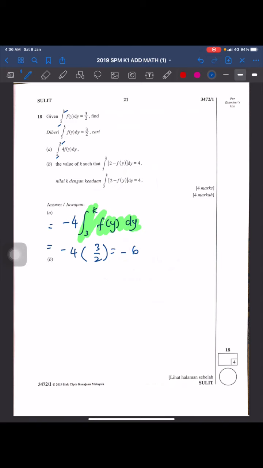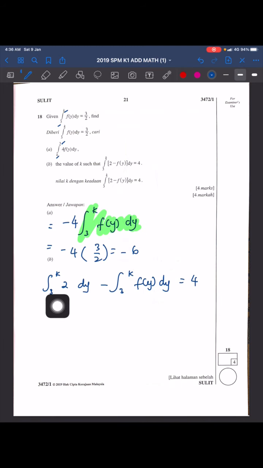Okay, next B. B, the values of k such that, okay, so when we have this, we can split it. We split the integral of 3k minus... 2 dy minus 3k f(y) dy equals 4.